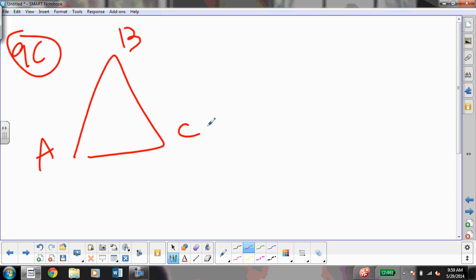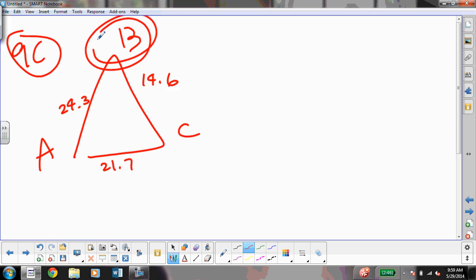For 9c, I have triangle ABC. I know all of the sides of this triangle. Side a is 14.6. Side b is 21.7 and side c is 24.3. And I want to find angle B. Since I want to find angle B, I'm going to put 21.7 on the side by itself.